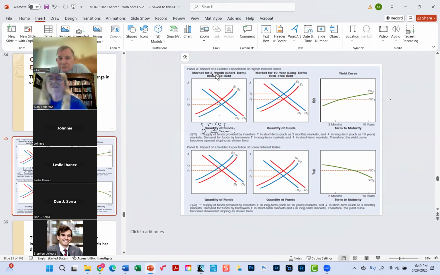In the long-term market it's the other way around because you're not going to want to save as much, but you will want to borrow more before the rates go up, that is. And so the net effect is that what they're showing you here is that long-term rates went up.